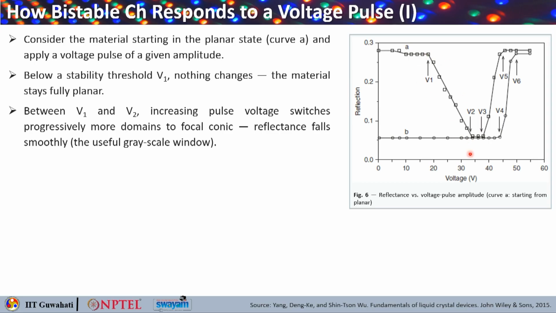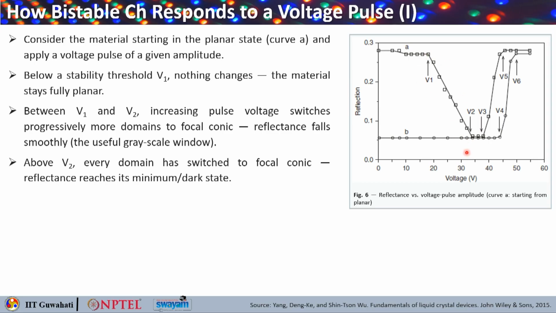This is a useful grayscale window. Above V2, each domain has already switched to focal conic, where the reflectance has reached its minimum, and that is the dark state, because this is the lowest level of reflectance.